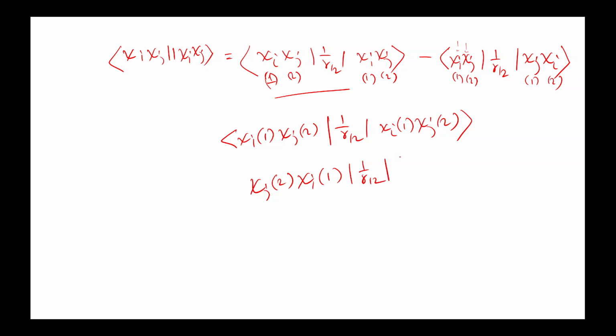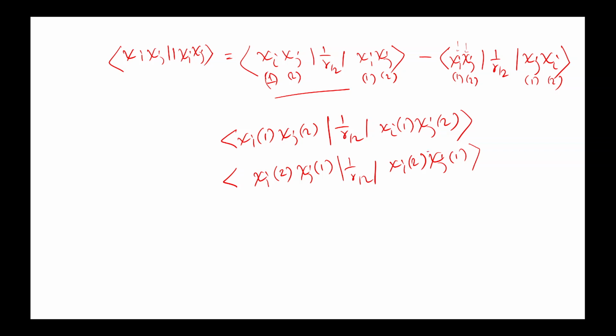Yes, actually you can change. So if I'm getting your question correctly, this is equal to xi 2, xj 1, 1 by r12, xi 2, xj 1.